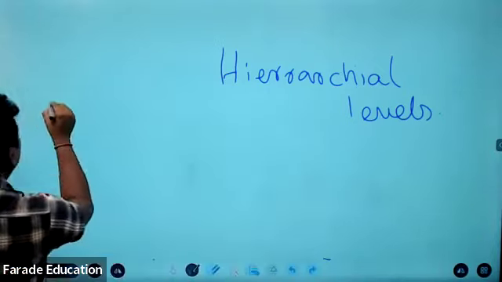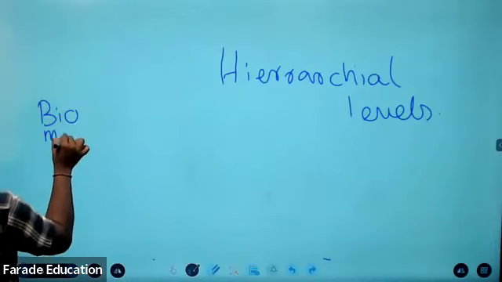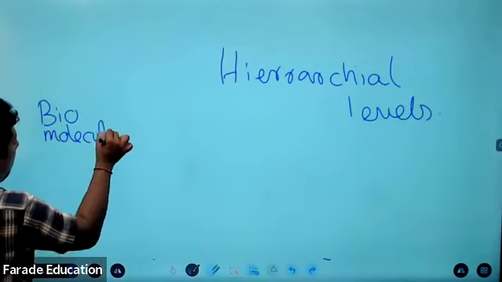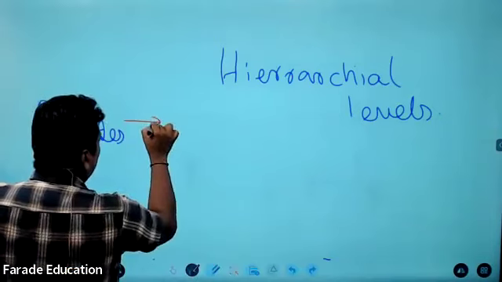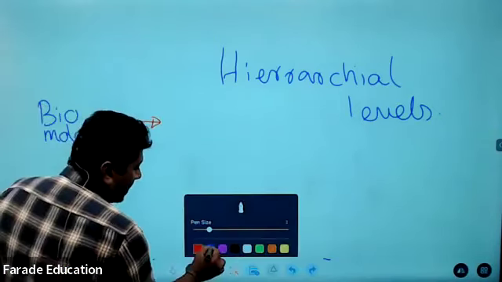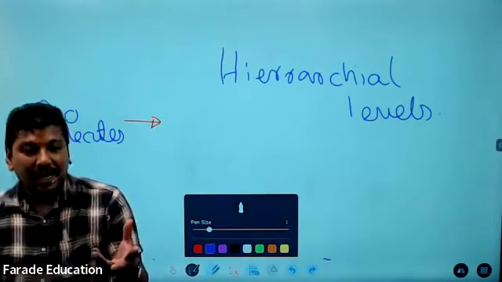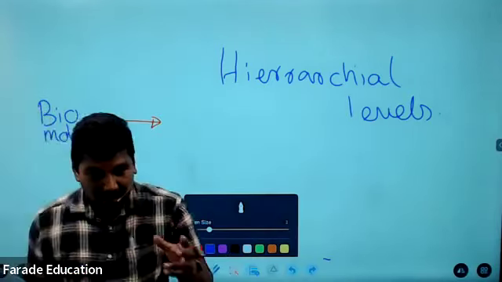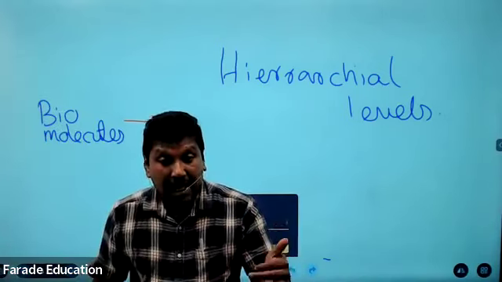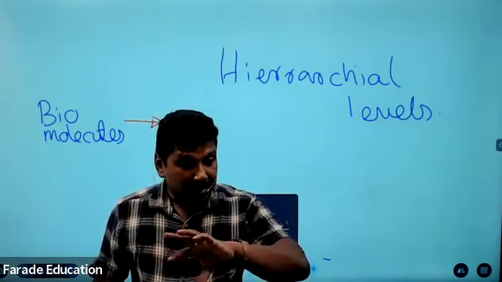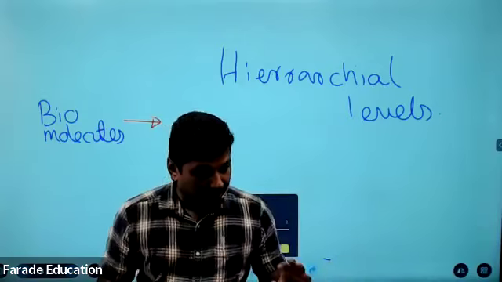So it starts with the biomolecules. From biomolecules, they produce subcellular organelles. You have heard of organelles in O levels: mitochondria, chloroplast, ribosomes, RER, SER, and nucleus, plasma membrane and everything, cytoskeleton.